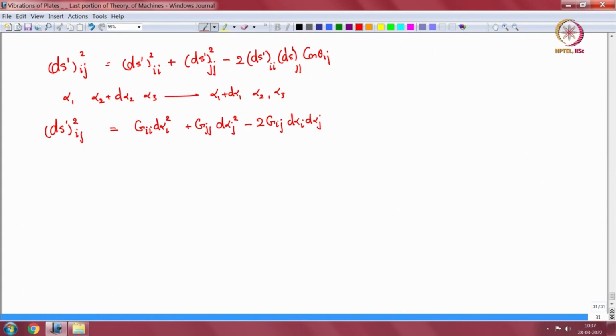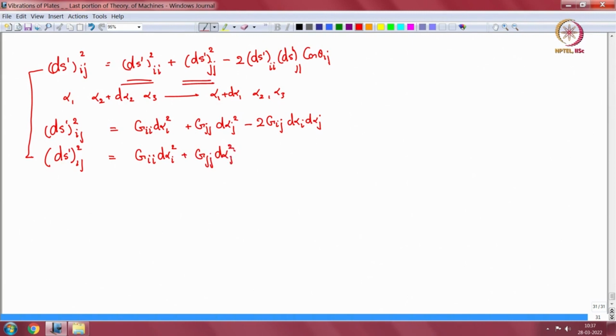Okay, so now from here if I bring it down, ds dash ij squared, ds dash I squared. We have seen ds dash I is g I d alpha I squared, and ds dash jj is g jj d alpha j squared.